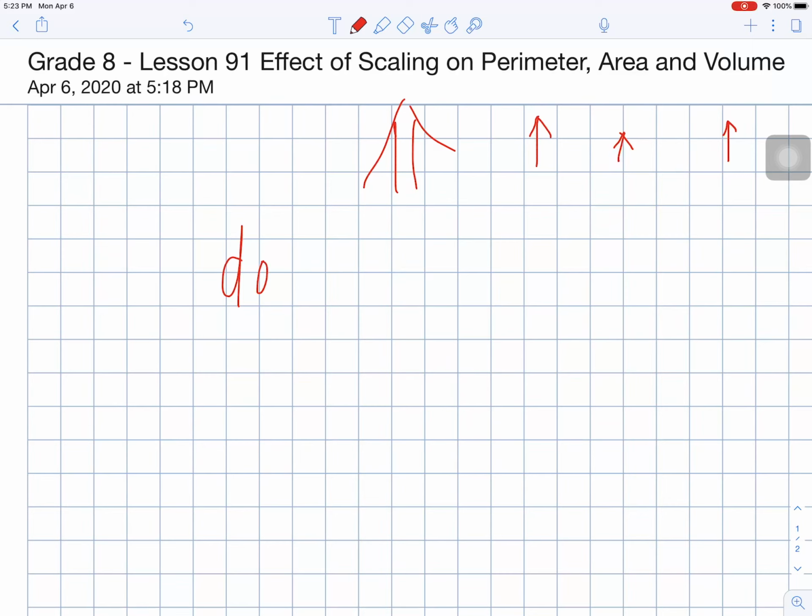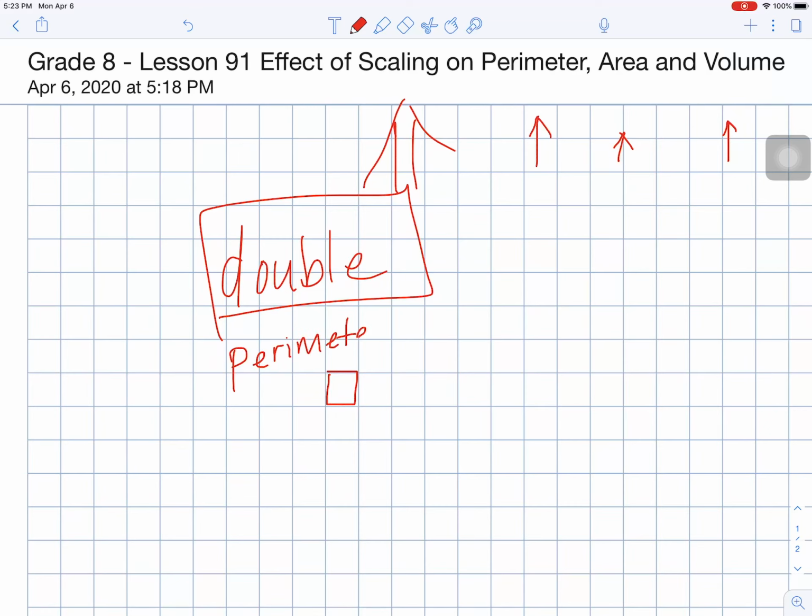So what happens if we double something? Right? So let's just go here. What happens if we double something? So let's just grab the simplest. If we grab a square and we're looking at perimeter here, the perimeter of this square is 1 by 1 by 1 by 1, which is 4.